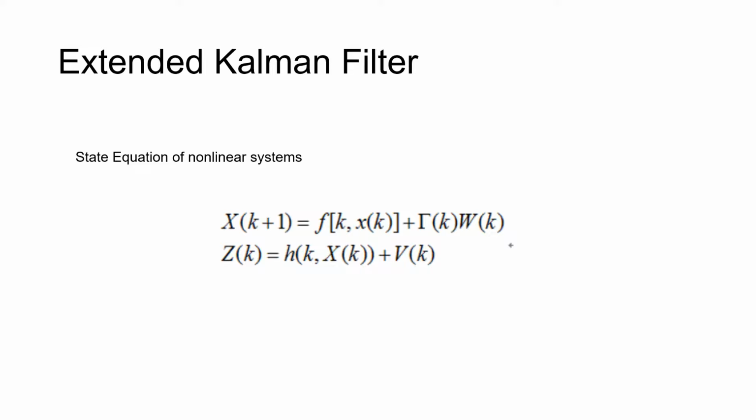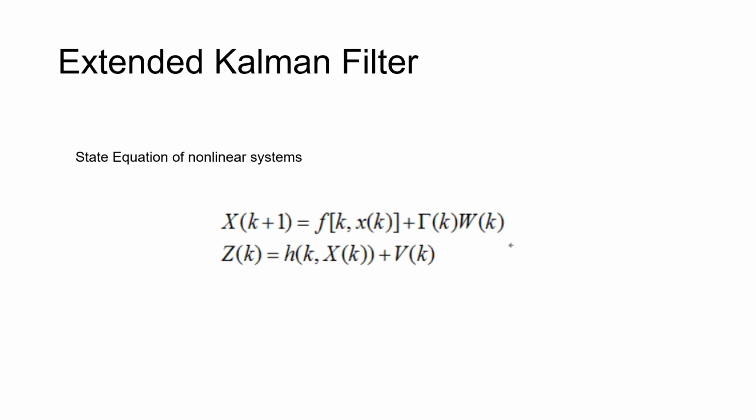The core idea is to expand the nonlinear function into a Taylor series around the filter value and omit the second order and higher order terms. An approximate linearized model is obtained. Then apply the Kalman filter to calculate the state estimation.